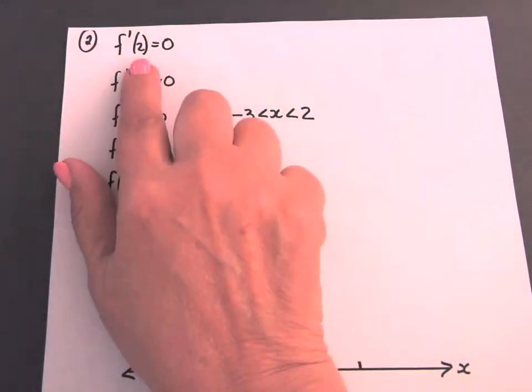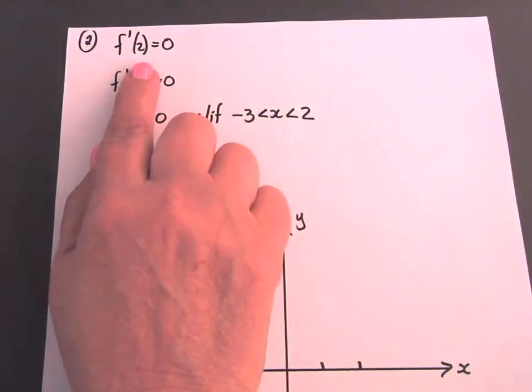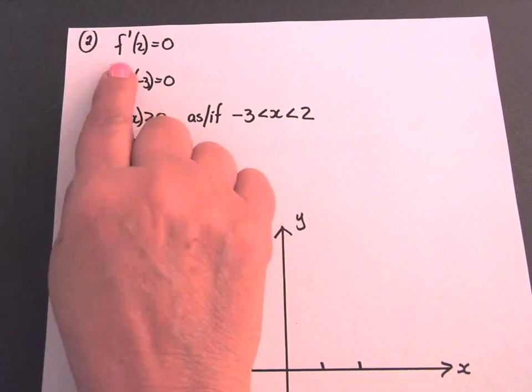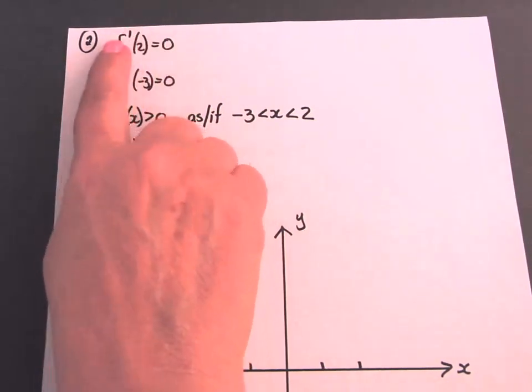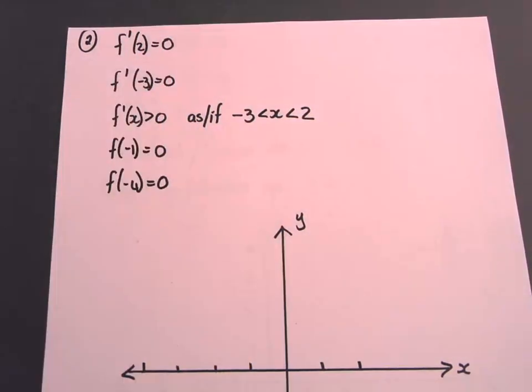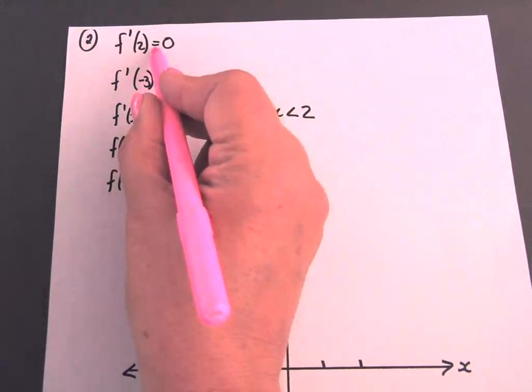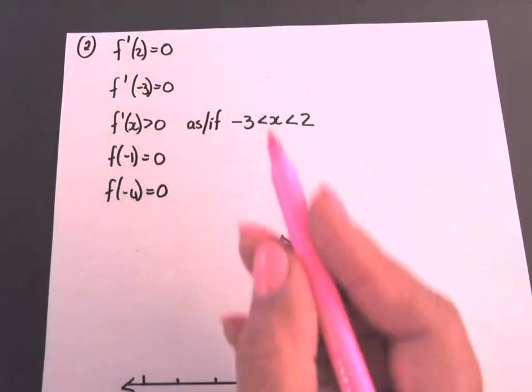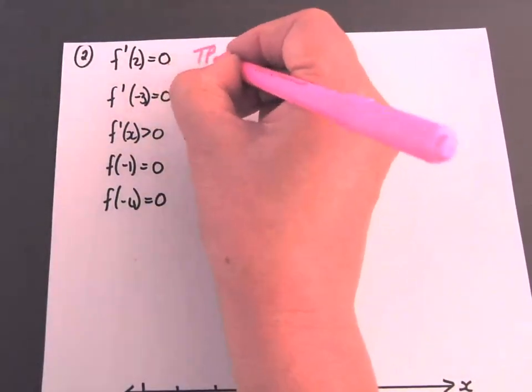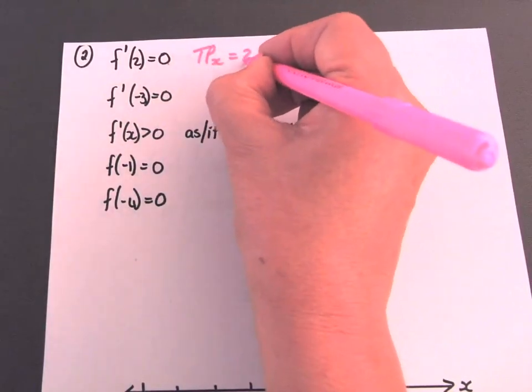The first characteristic they give us is f'(2) is 0. What does that mean? Gradient. No. Gradient is with a f'. Turning point is equal 0. Right? So the turning point, x value is 2.